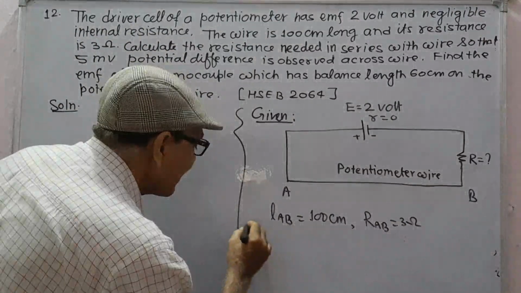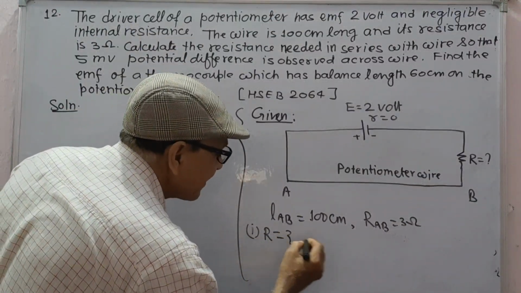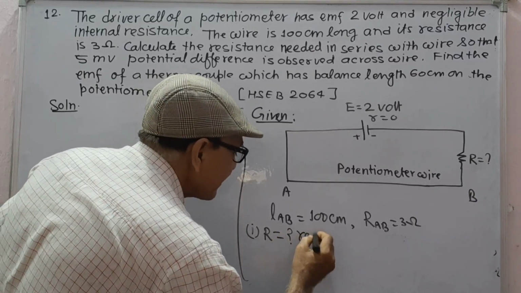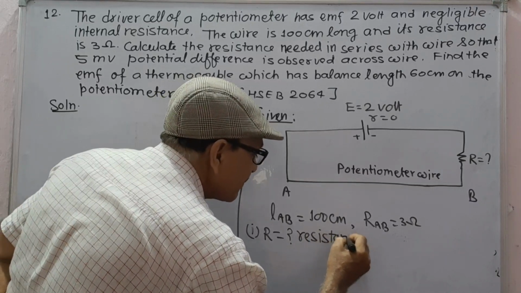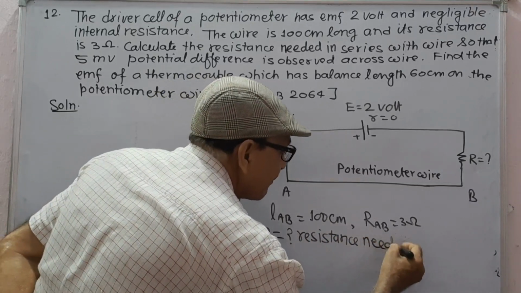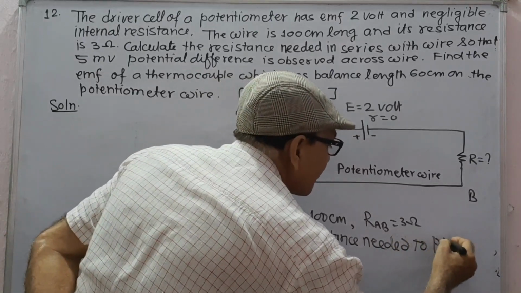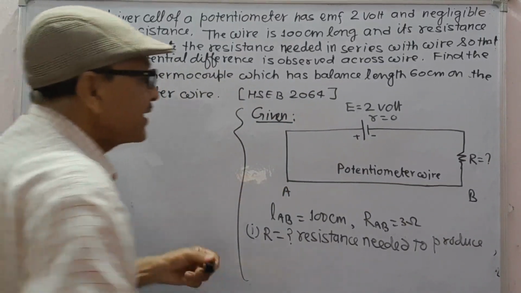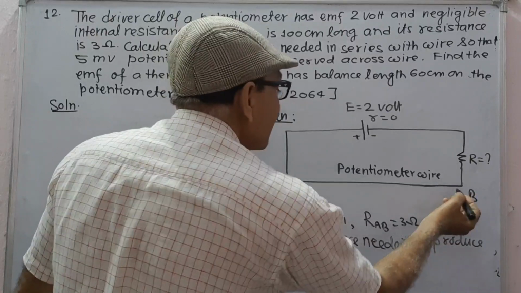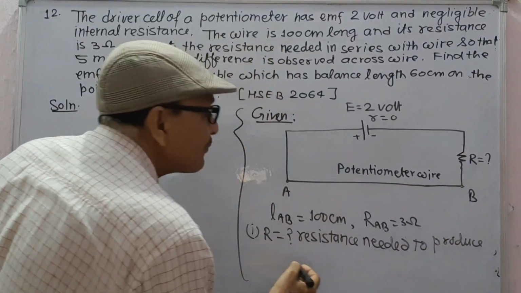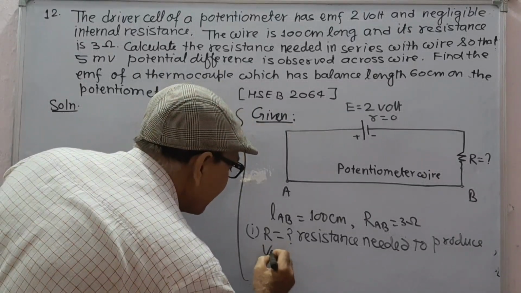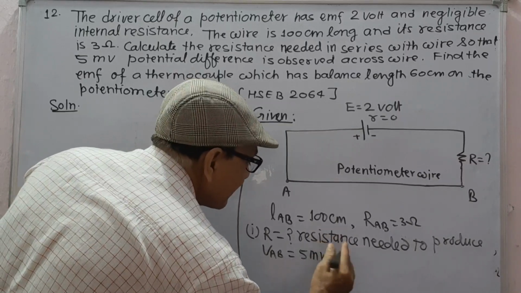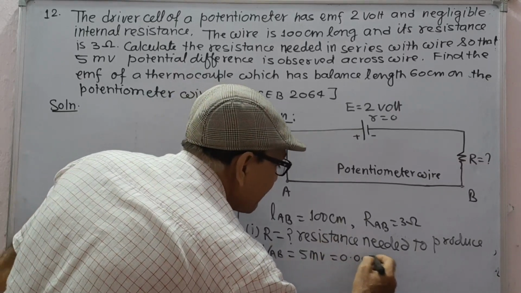First, R, series resistance needed to produce potential difference between wire A and B, means potential difference between A and B produced, VAB, is equal to 5 millivolt, that is 0.005 volt.